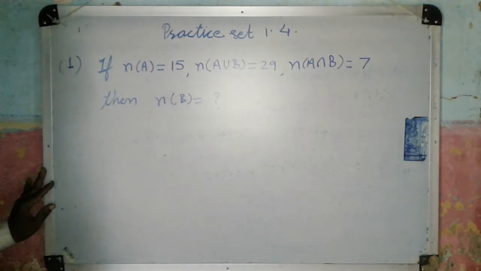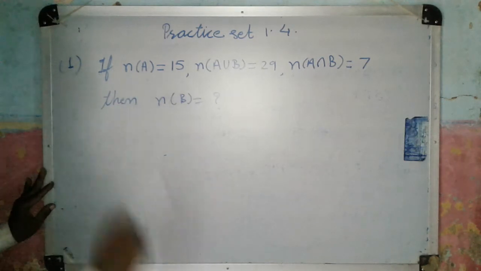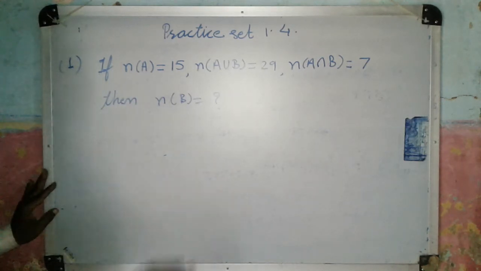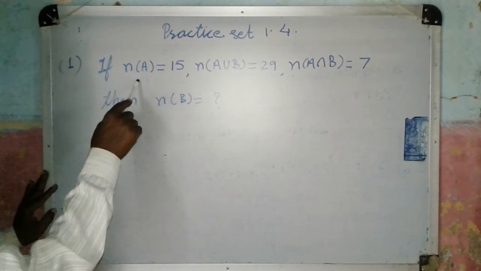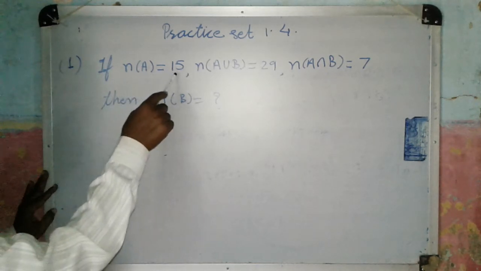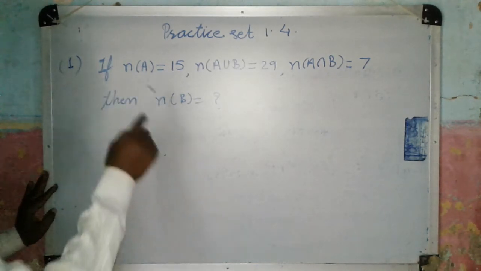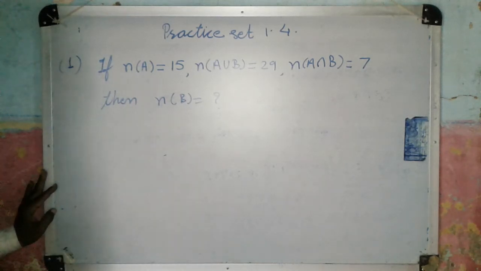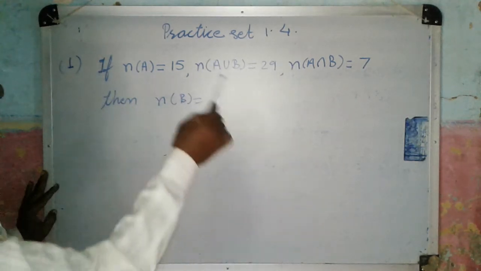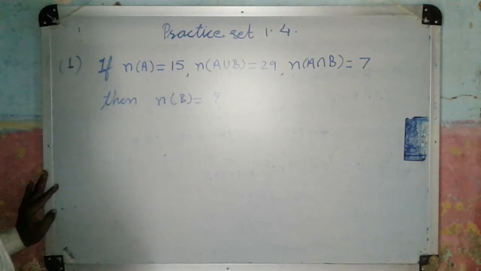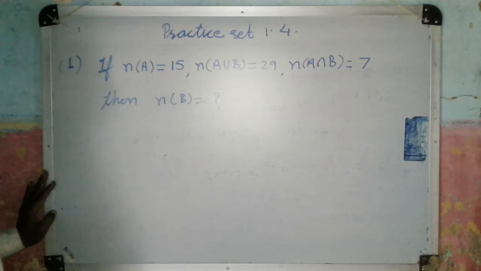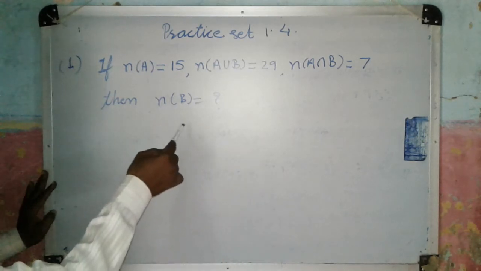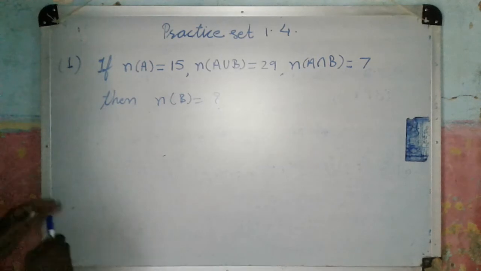So you have to find the number of elements of set B. The given information is that there are 15 elements in set A, there are 29 elements in the union of A and B, and there are 7 elements in the intersection of A and B. So you have to find how many elements are there in set B.